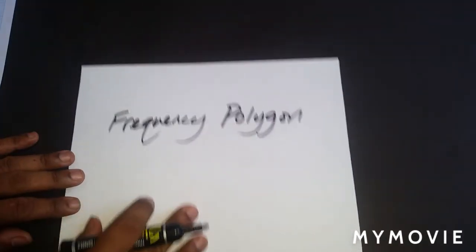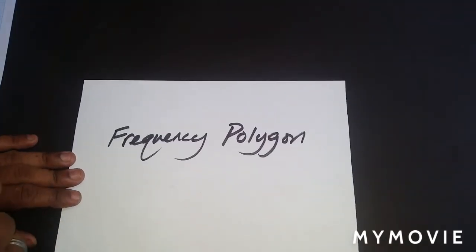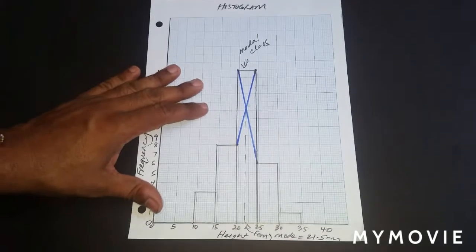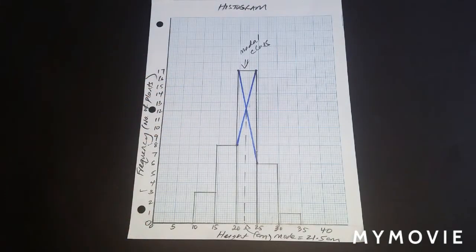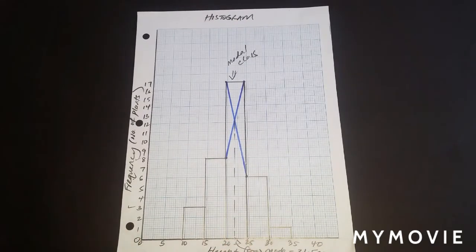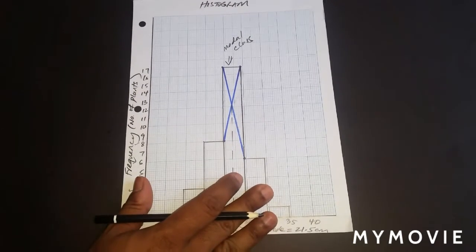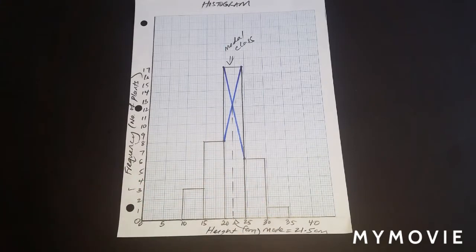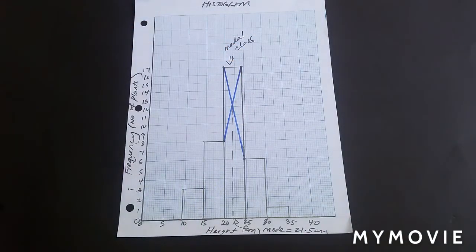We can use the histogram to get the frequency polygon. It's very easy when you have the histogram. You can even do it without the histogram on the paper, but I'm just going to show you how easily that is done. Even though the focus is the histogram, because it's so easy to get the frequency polygon once you have the histogram, I'm going to show you how to get it from the histogram. Again, I'm just going to use this marker for emphasis, just so you can see clearly what I'm doing.